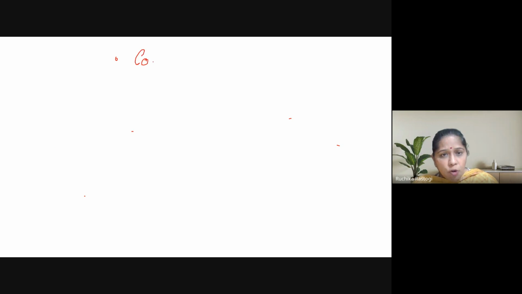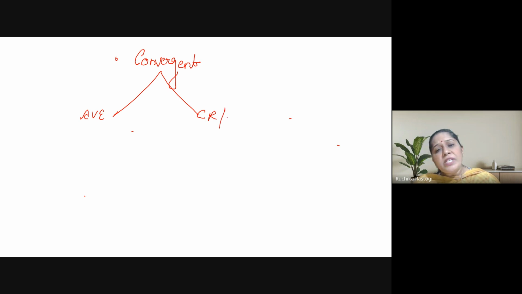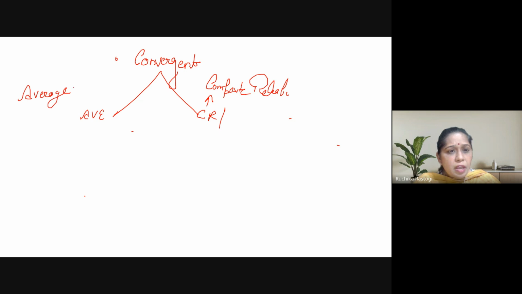CR sometimes is taken as Cronbach alpha, but it is considered composite reliability. And AVE is average variance extracted.